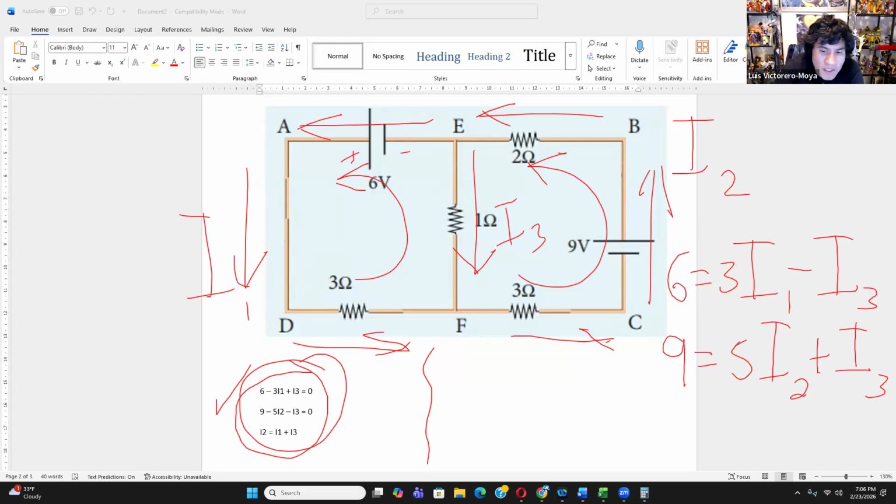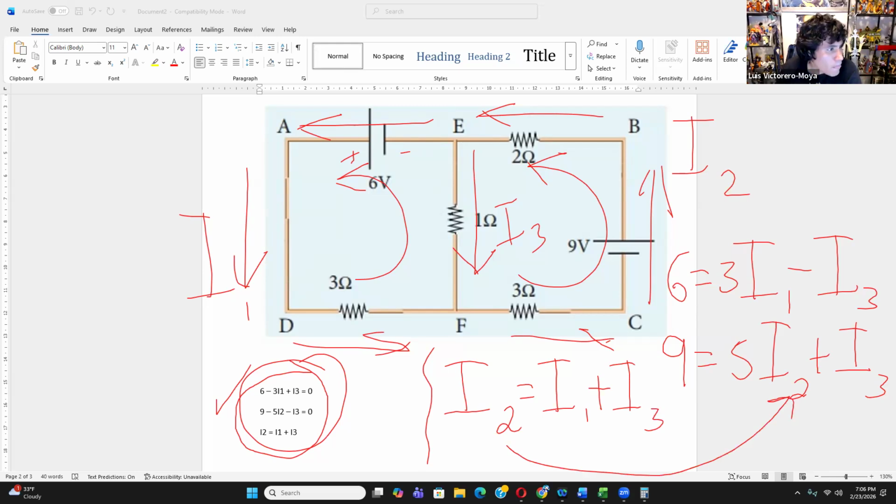Then if you look at the junction rule, I2 is equal to I1 plus I3. So this goes there. Why am I doing that? Because I have this I1 and I3, so I need a second equation with I1 and I3. I already have I3 here, so I2 is I1 plus I3, and conveniently I substitute it in the second equation.